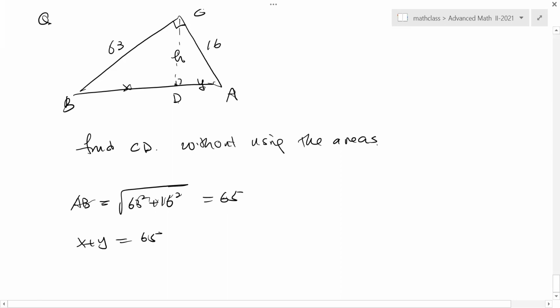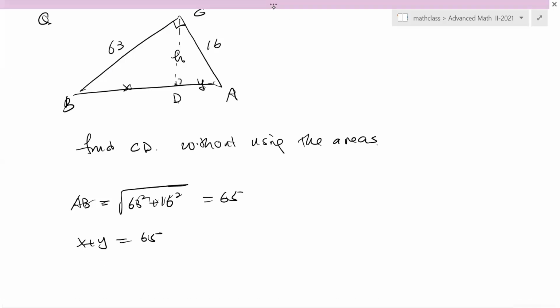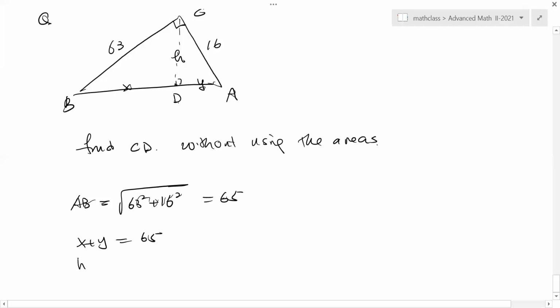Good. Then you apply the Pythagorean theorem to the two right triangles there. So H squared plus X squared equals 63 squared. Then H squared plus Y squared equals 16 squared.